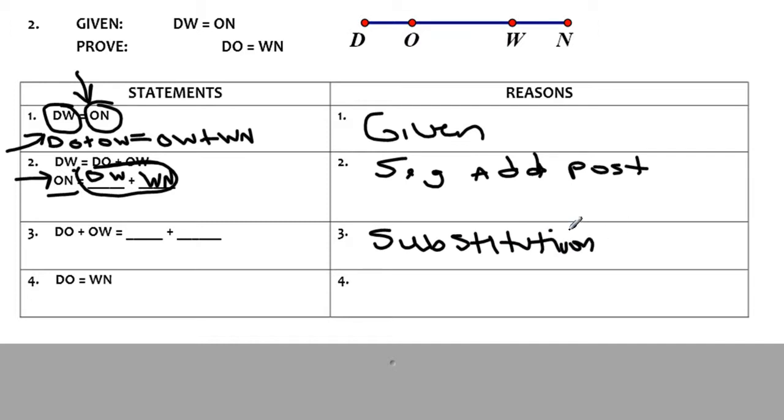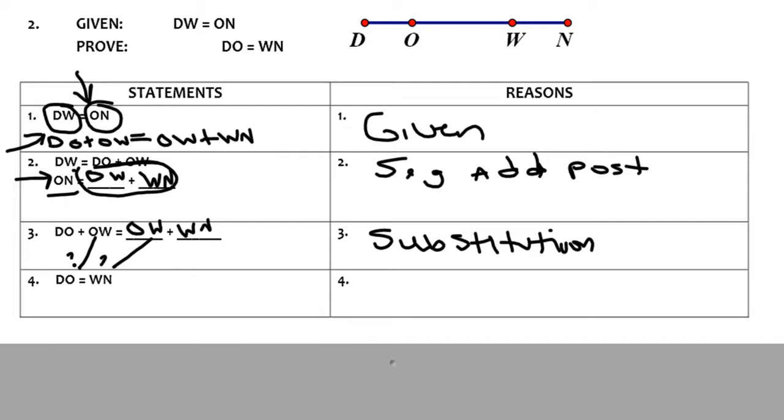If you did not get that, you need to rewind it and watch that again, because it is very challenging to see this one. So now I'm just replacing DO plus OW, we said it was here, equals OW plus WN. Now in the next step, OW is gone from both sides of the equation.